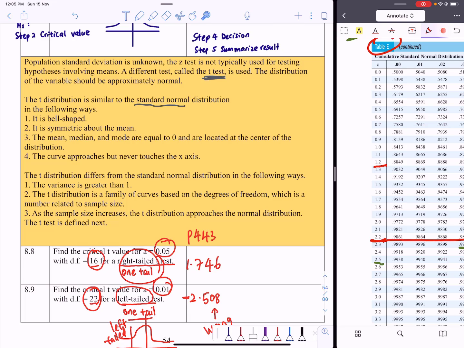The t distribution is a family of curves based on the degrees of freedom, related to sample size. As sample size increases, the t distribution approaches the normal distribution. That is why sample size is very important. If we have more than 30, we can assume a normal distribution. The t is defined next. You can read more about the t test on page 442.